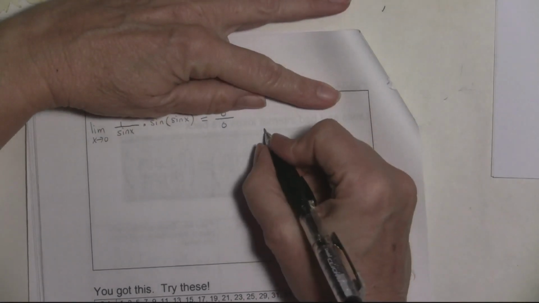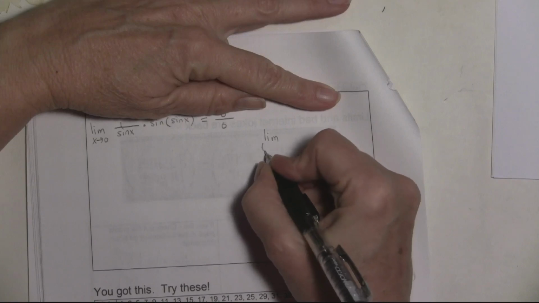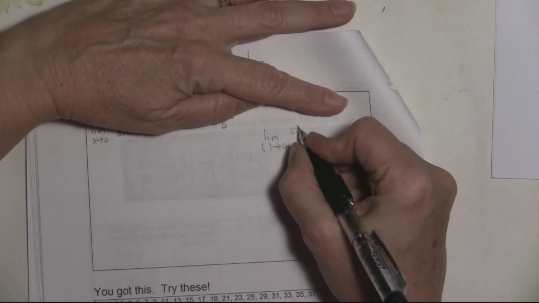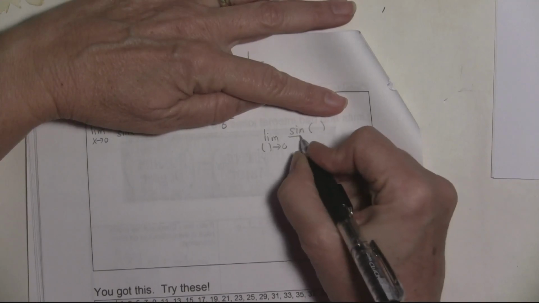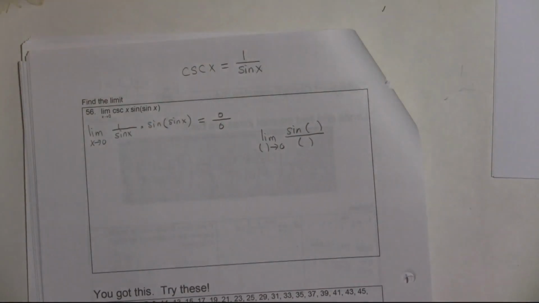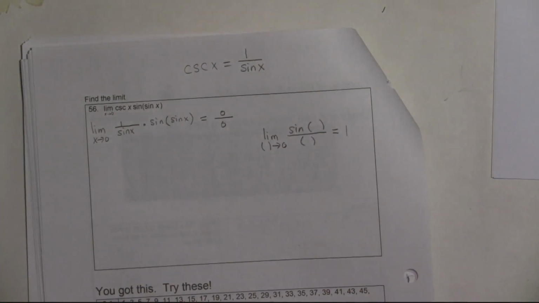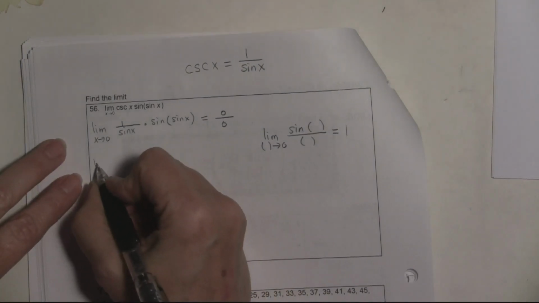And I might not realize it, but I actually almost have exactly that theorem, right? Because that theorem is this: the limit as whatever approaches 0 of sine of the whatever divided by the whatever, right? That is equal to 1. And you see how I almost have that already because I have the limit.